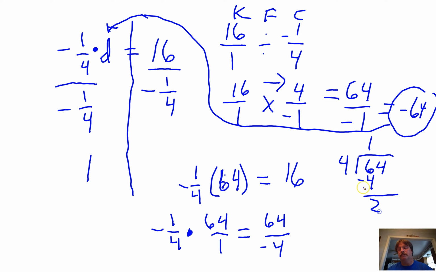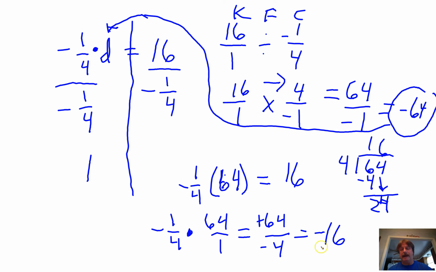Bring down the 4. 4 goes into 24 6 times. So that equals 16. And then I have a positive divided by a negative, so negative 16.